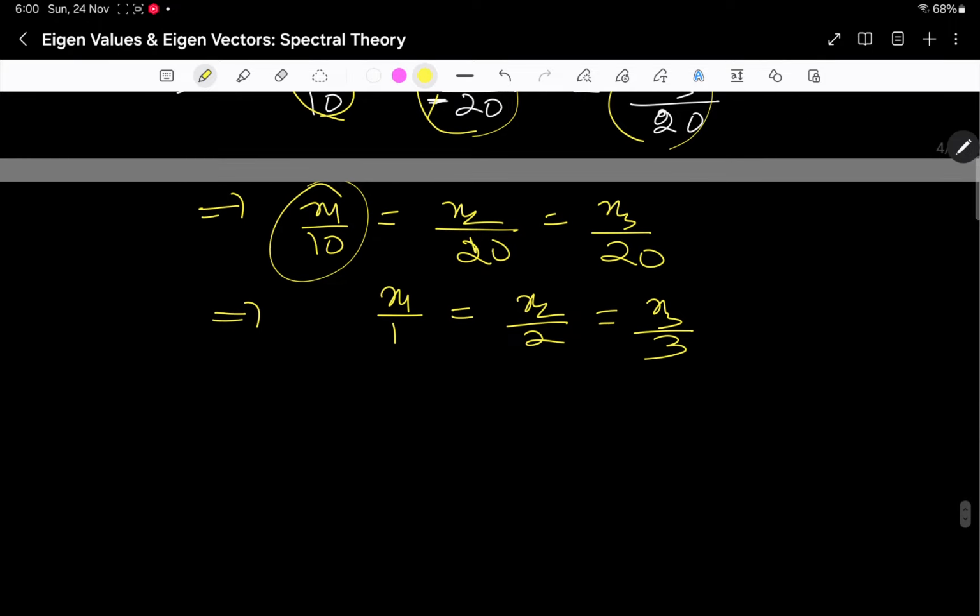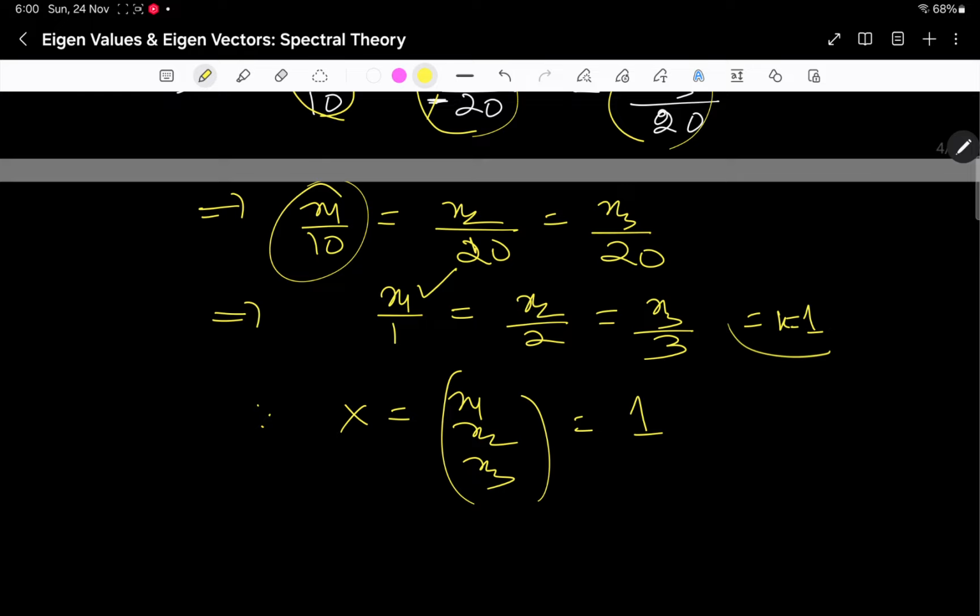You see now, therefore what is the value of x1? So therefore x is x1, x2, x3. If I write this equal to some k, or k equal to 1, say, in that way what is the value of x1? x1 is here 1, and x2 value will be 2, and x3 value will be, sorry, this is 2, so this is 2.